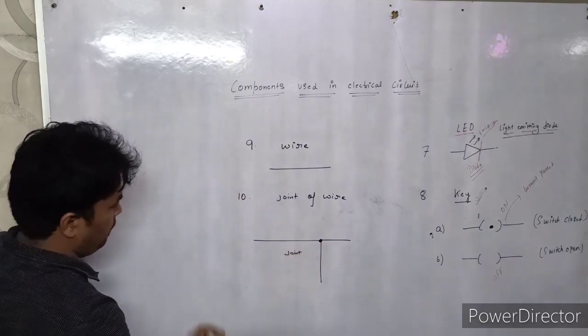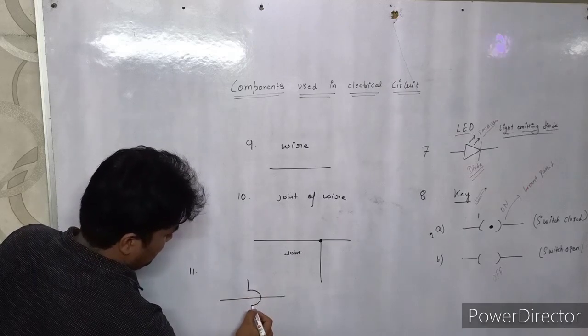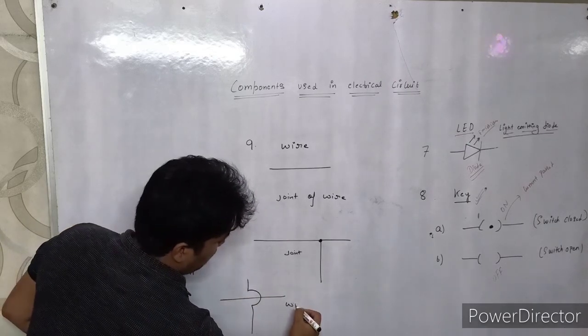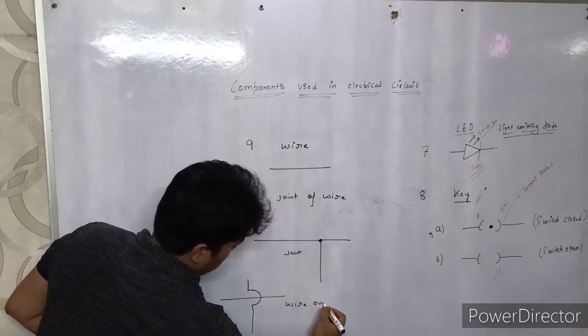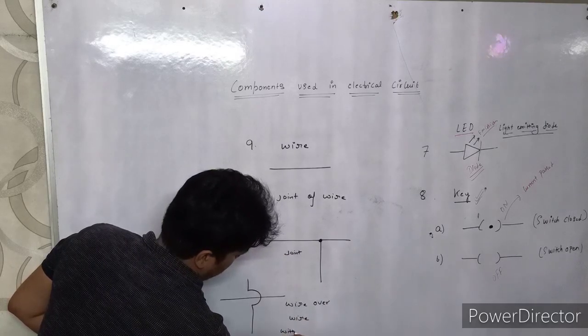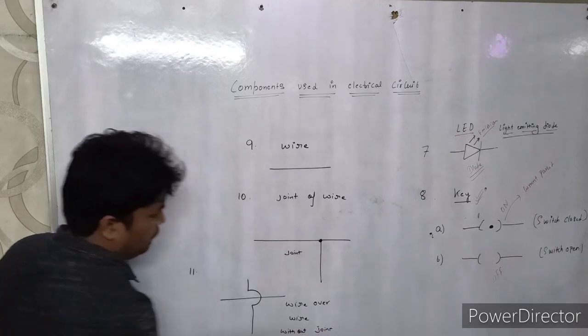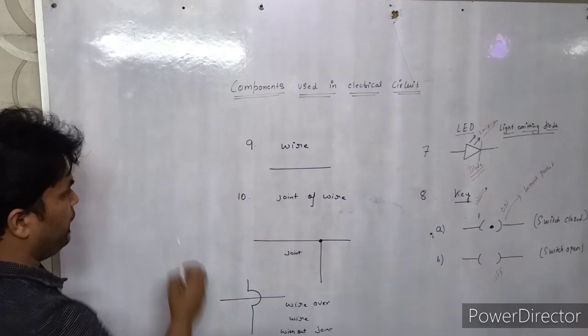Eleventh, when the representation is like this, it is wire over wire without joint.